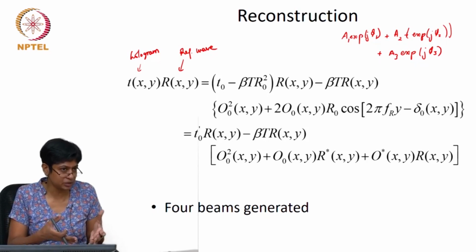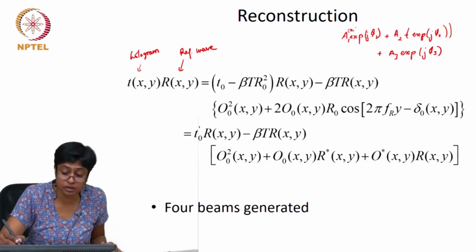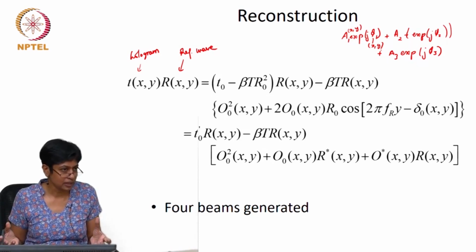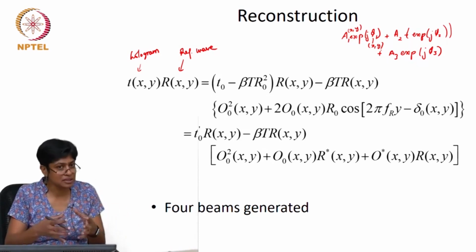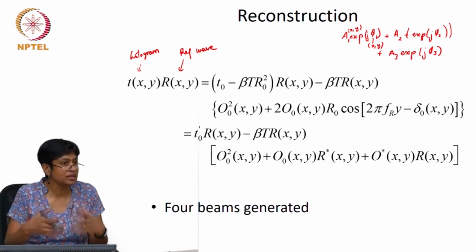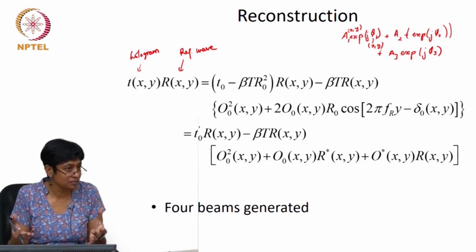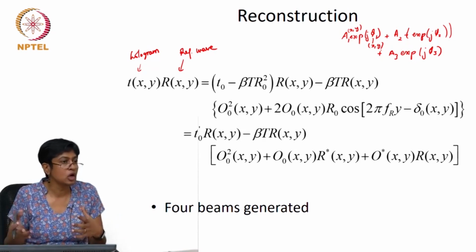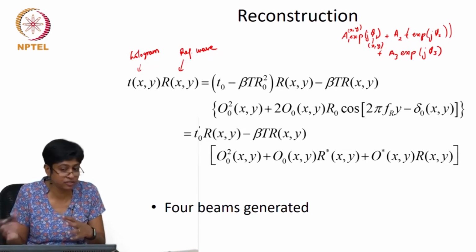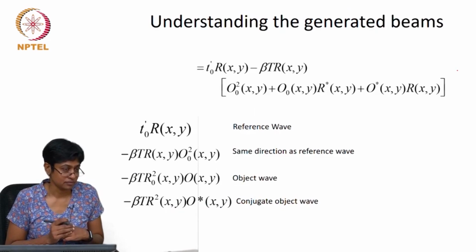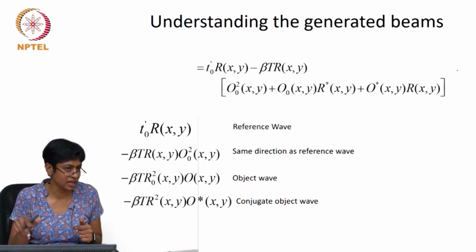It has a certain amplitude. In fact, that amplitude may be a function of x and y, the phase may be a function of x and y. Each of these I could consider as a beam. When I say take this beam plus this beam plus this beam, it means all 3 beams exist simultaneously. Buried in that phase information would be information on which direction this beam is traveling. I have just put it as phi, but phi, remember, is omega t minus kz. It tells me the direction of travel.